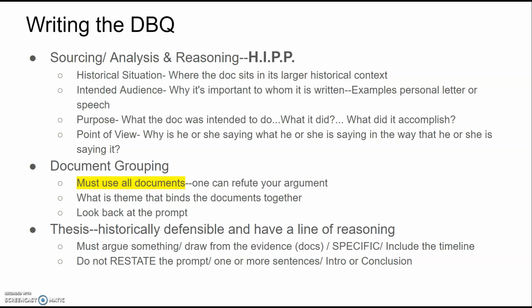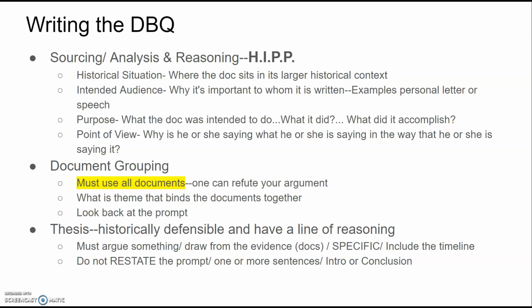All right. Next, the purpose of the document: what the document was intended to do, what the document did, what did this document accomplish, or what really and truly was this document intended to do during this particular time period? And purpose tends to be one of the easier ones to follow through on. And then lastly, the point of view.